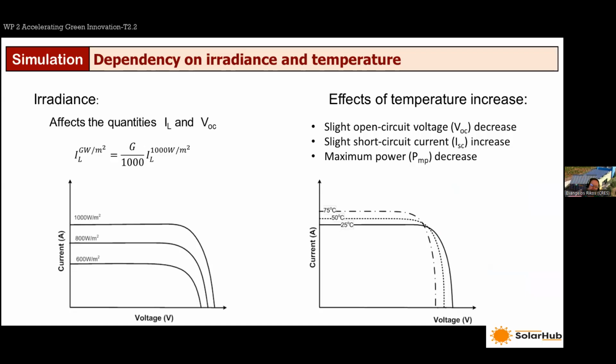And this is, by the way, an important aspect for the designer to consider when we have strings of modules in series connection, and we don't want to exceed the maximum allowable voltage I mentioned earlier. So you have to take into account the environment conditions that the system will be operating in, to avoid the situation that during colder weather conditions, the open circuit voltage could exceed the maximum operating limit.